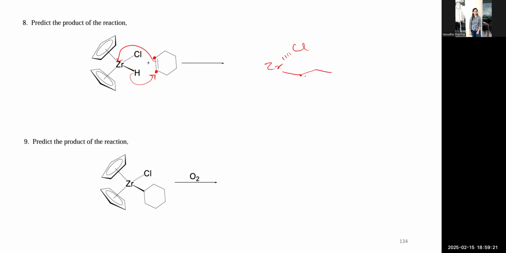This bond is your hydrogen, and here you have a Cp group. Now, when we already have a connected cyclohexyl group over here, in the presence of oxygen it would give you an OH group connected to your cyclohexyl.